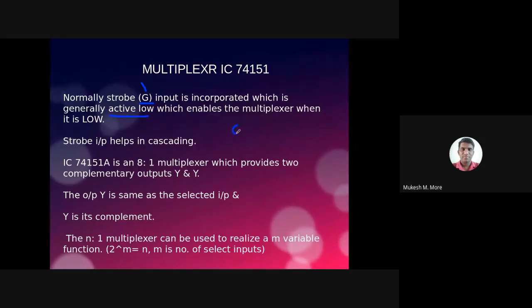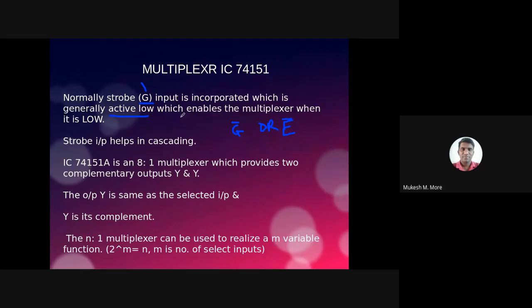In some pin diagrams they use G bar or E bar. Basically this pin is active low, so you have to provide just 0 volt to make your IC work.